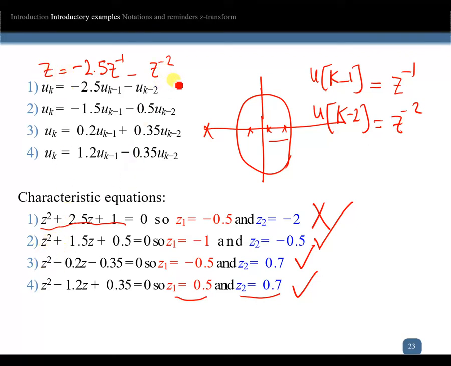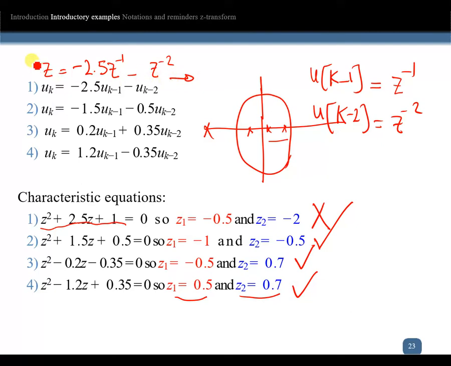Or I can multiply both sides by Z minus 2. This one becomes here Z, here becomes 1, here becomes minus 2.5 Z, and here becomes Z2.